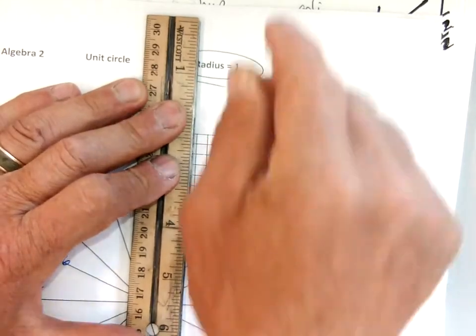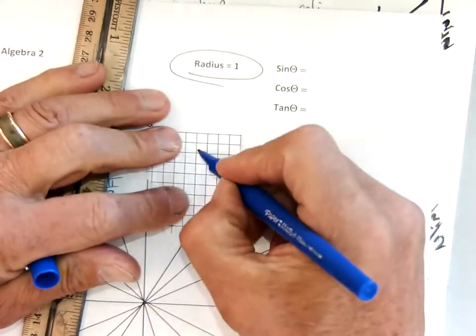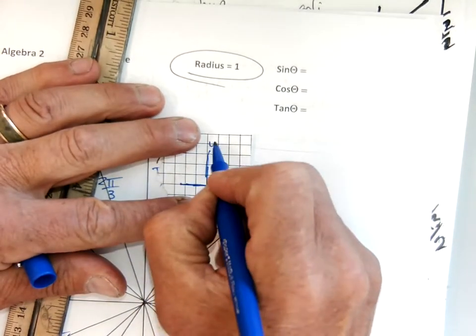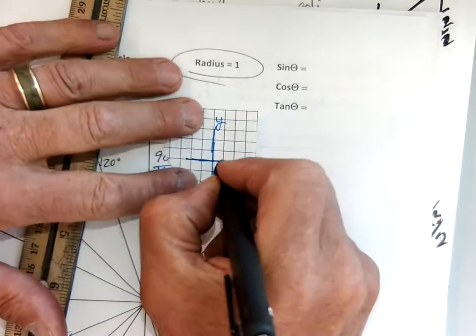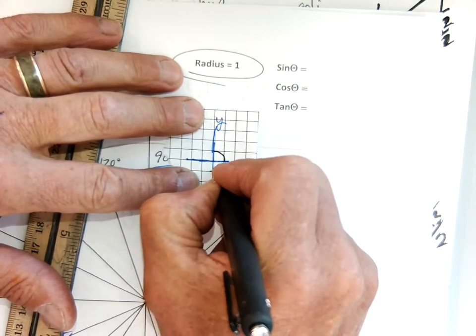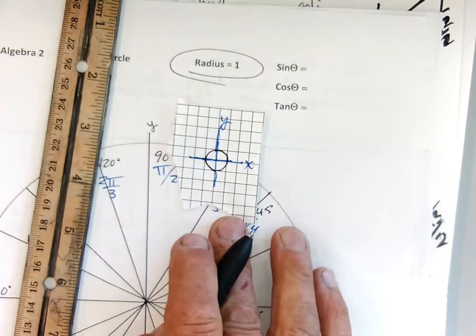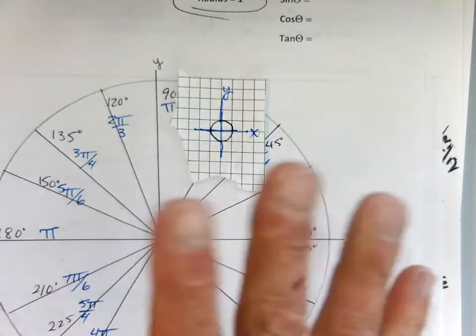So I want you to see, if I had an x-axis and a y-axis, and I drew a unit circle, radius 1, it would be like this. That's really little, right? You guys agree? So what we've done is we've just, boom, popped it up.